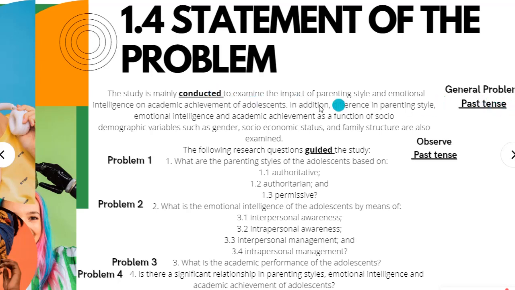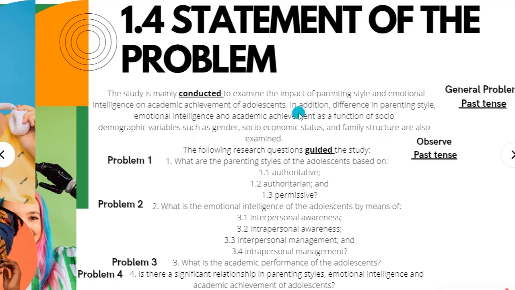Kanang as I'm checking, pwede ra jud past tense kay actually in real life, if you conduct a study, present tense yun ang gamiton. Okay, so this study is mainly conducted, pero kanang past tense siya, like example kani the following research questions guided, dili ingon nga the following research questions guide the study, dili siya guided na siya, so past tense siya.